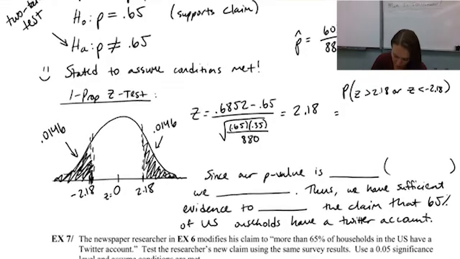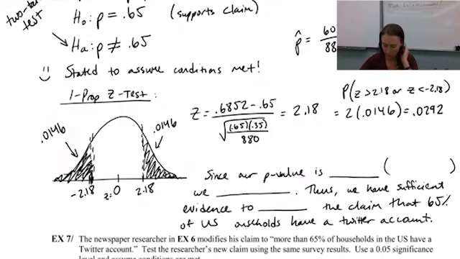So this is going to be 2 times 0.0146. A two-tailed test means we have to double that probability. So 2 times 0.0146 gives me 0.0292. All right, so there's my p-value.